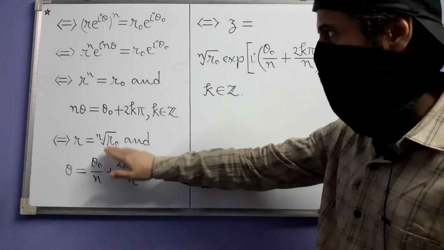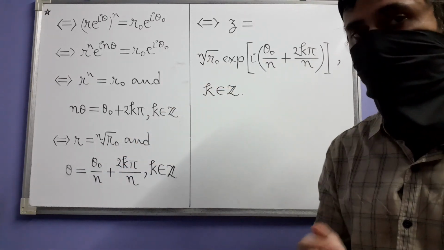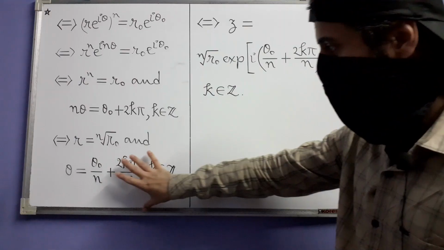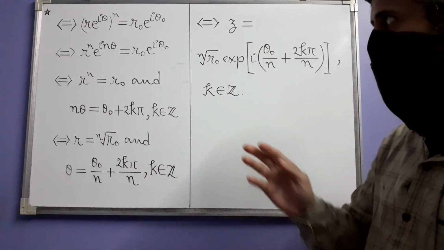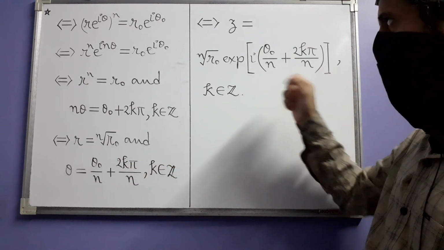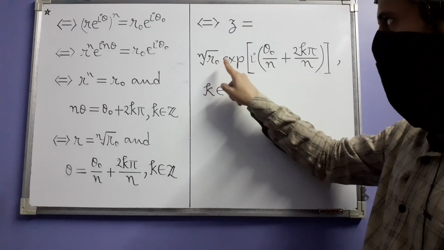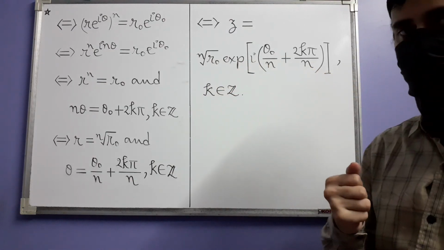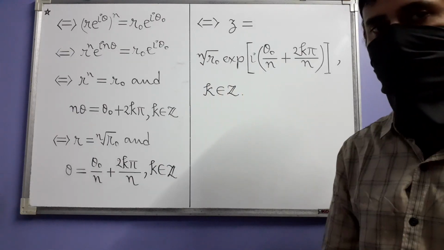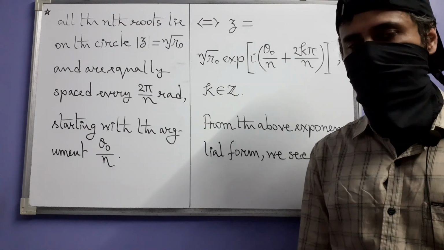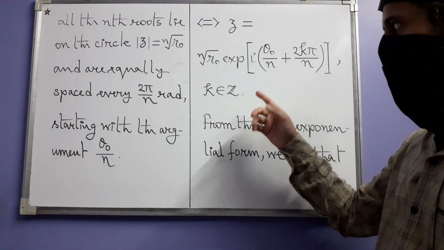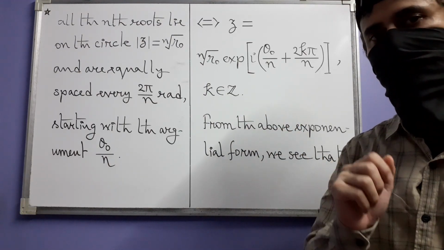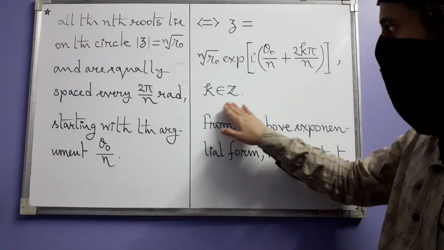This is the magnitude, the absolute value of z, and these are the possible arguments of z. So obviously the exponential form will be this: absolute value times exponent of i times all possible arguments, where k is any integer. Now from this exponential form, it seems at once that there will be infinitely many nth roots because of this part.